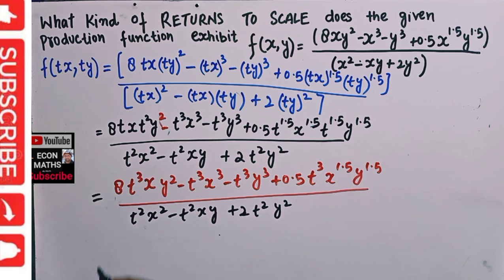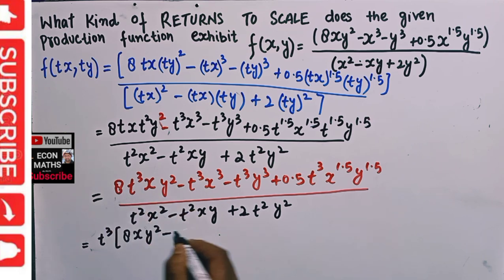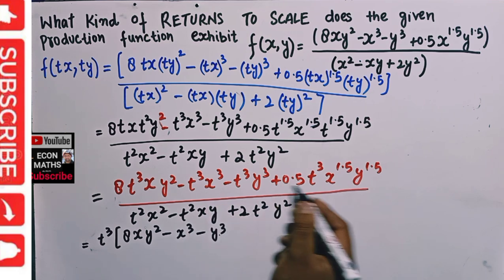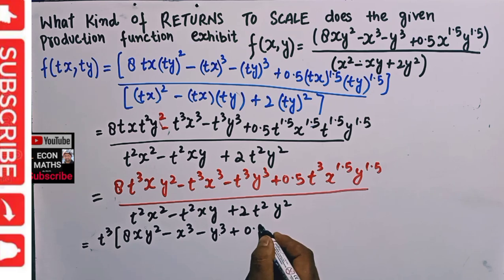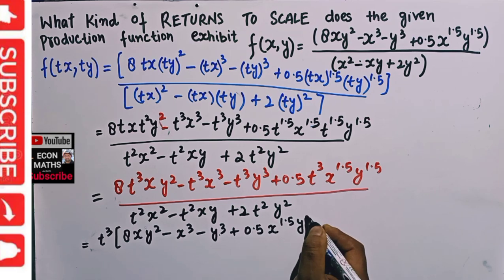Okay, now let us factor t cube out of this. So we will have t cube and we are left here with 8 x y square minus x cube minus y cube. Then we have plus 0.5 x raised power 1.5 y raised power 1.5.